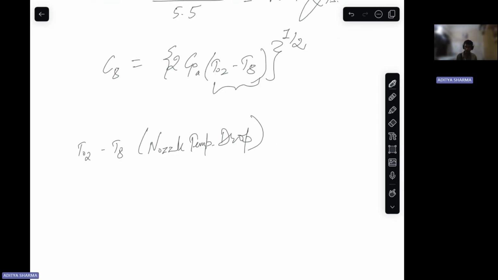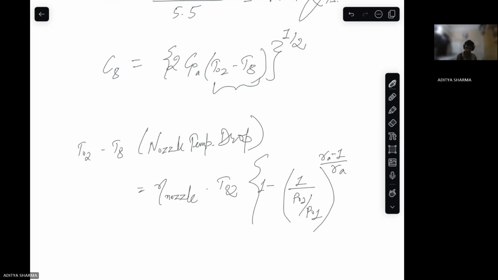So this has a formula: efficiency of nozzle into T02 into 1 minus 1 by (P02 by P01) to the power (γ_a − 1)/γ_a.